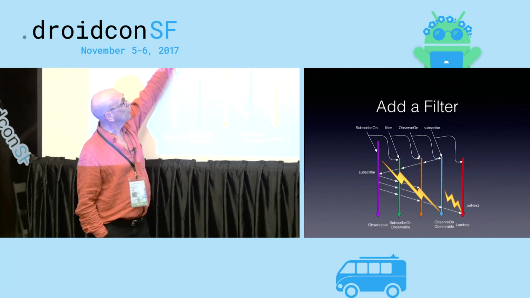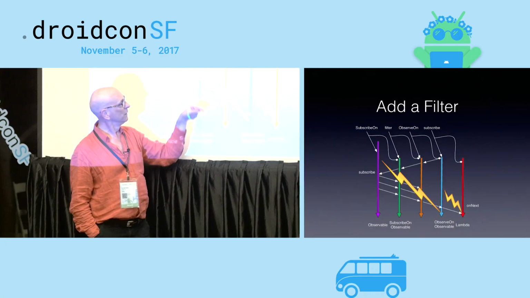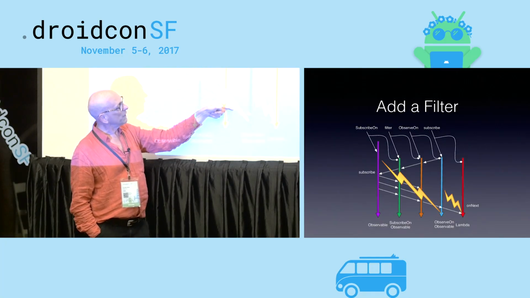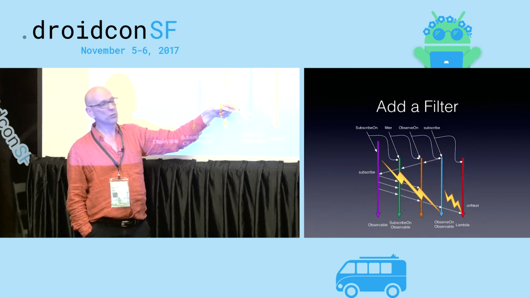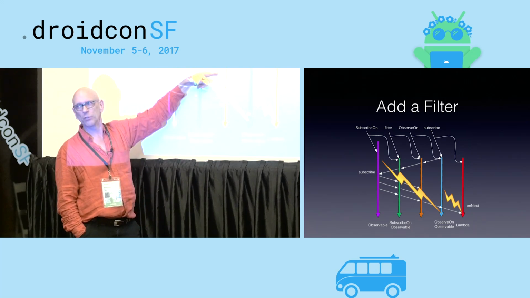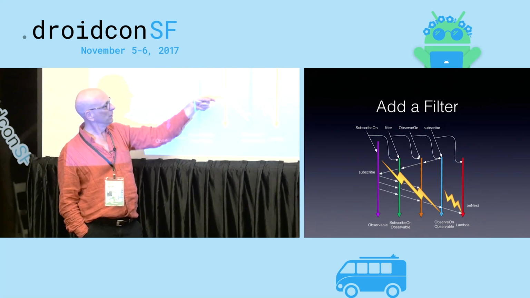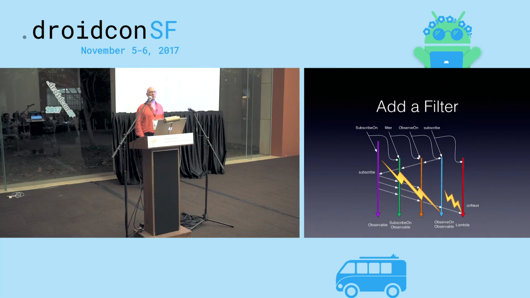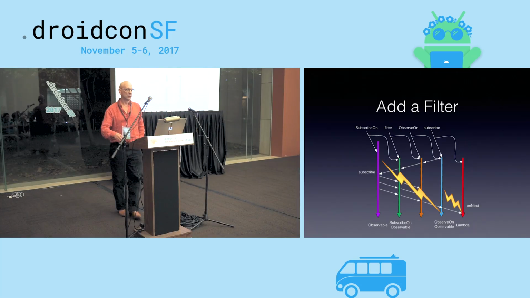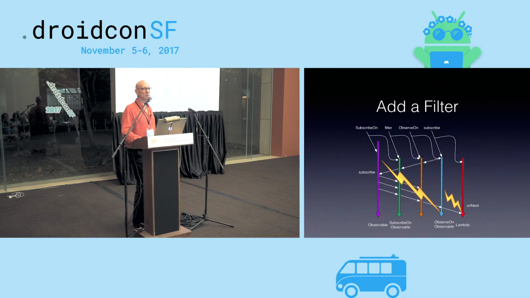This stuff is all running on the worker thread. The filter only lets the good response through, so these timeouts are ignored. Only the good response goes through, and only that one is enqueued for the UI.